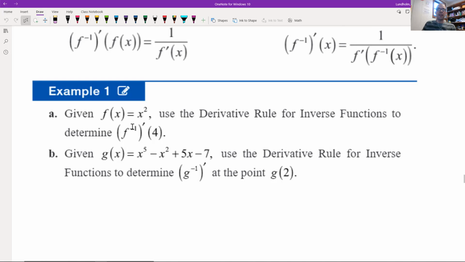And so in order to figure this out, we're going to need to figure out the derivative of f and the inverse of f. But we can utilize that information to get the derivative of the inverse.